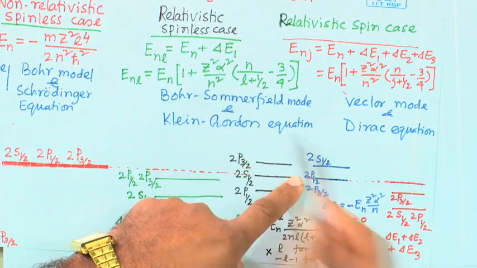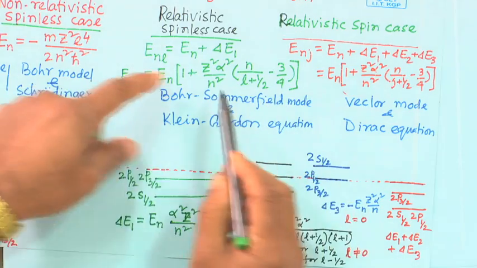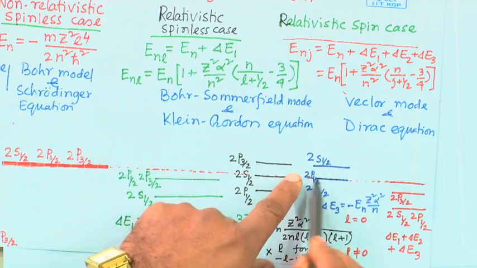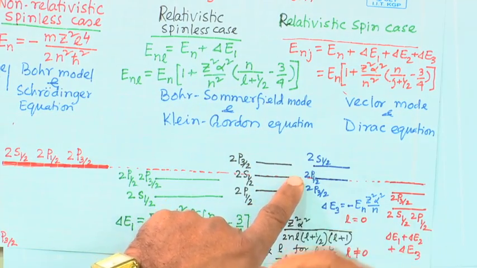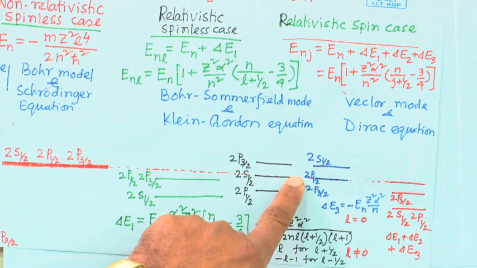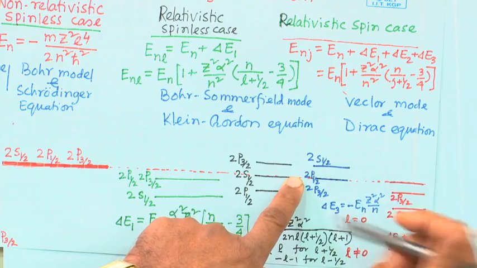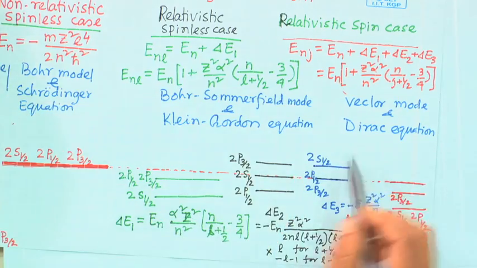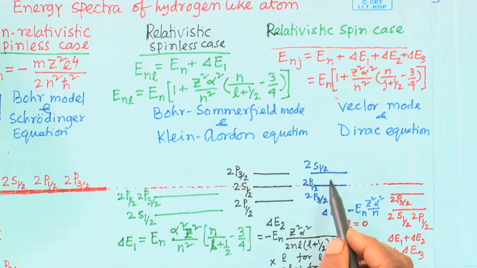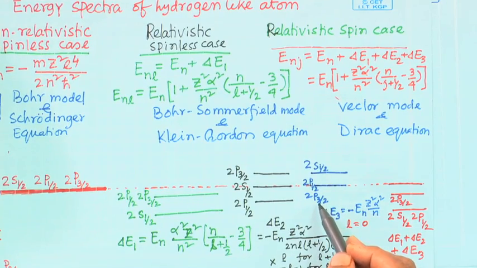Now, because of this minus sign, some positive correction term is added to the original negative value. So, that is why it will be less negative, and it has gone up. So, now 2s half is basically separated from P half and P 3 by 2.